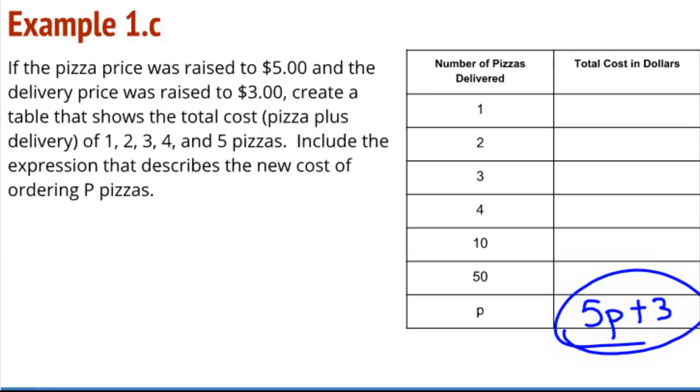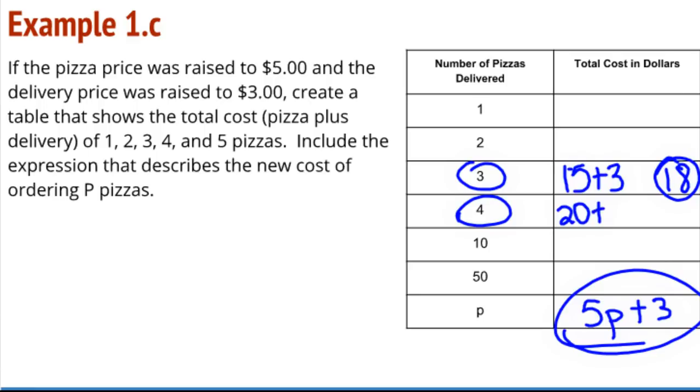All right, I'll do one of them. 5 times 3 pizzas gets me $15, plus a $3 delivery fee gets me $18. 4 pizzas, 4 times 5 gives me $20 for the pizzas plus a $3 delivery fee, which gives me $23.